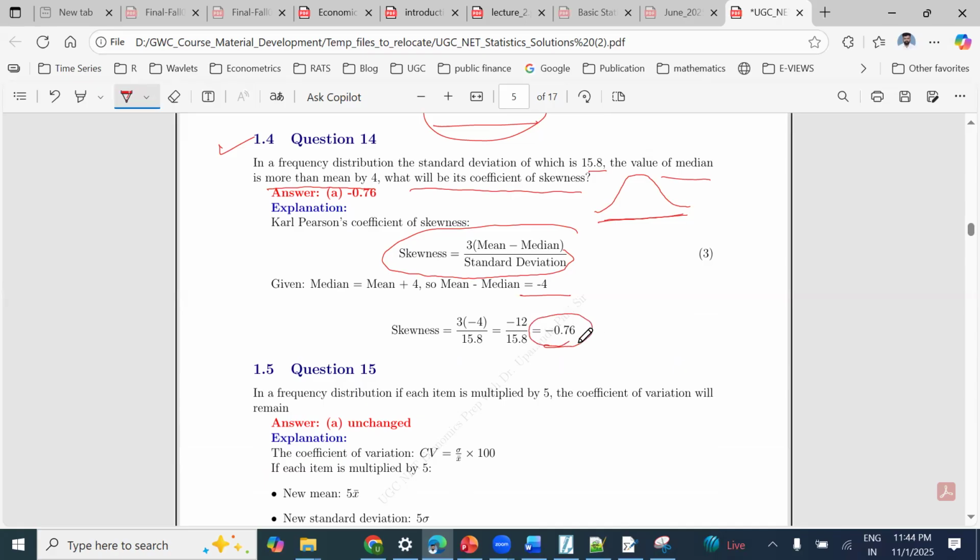So minus 0.76 means, let us discuss a little, will it be negatively skewed or positively skewed? Negatively skewed. In a negatively skewed distribution, what happens to the mean, median, mode?